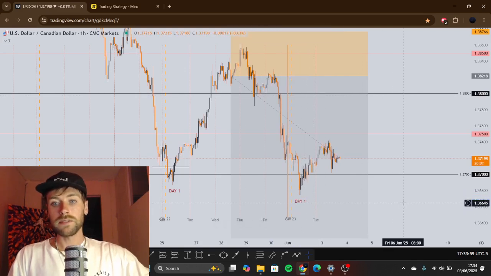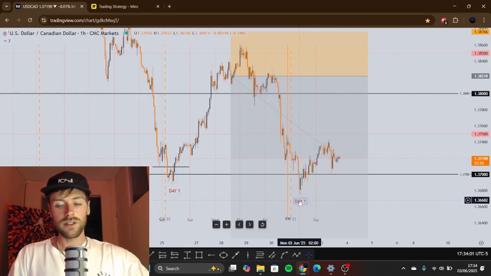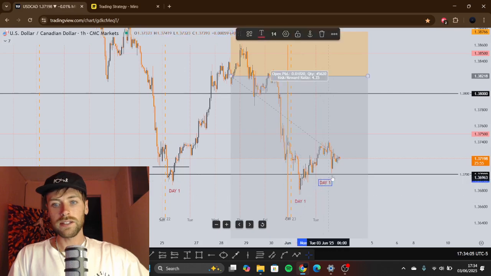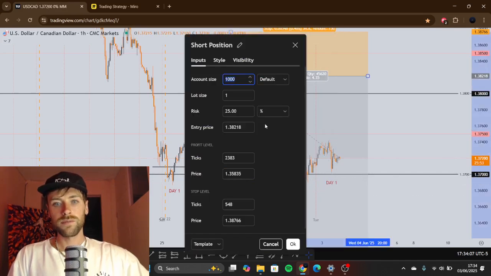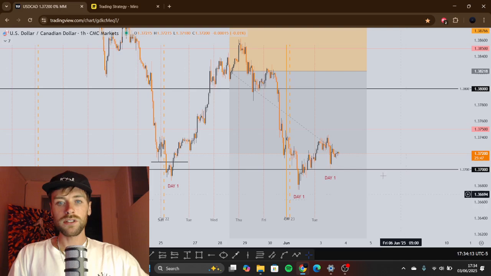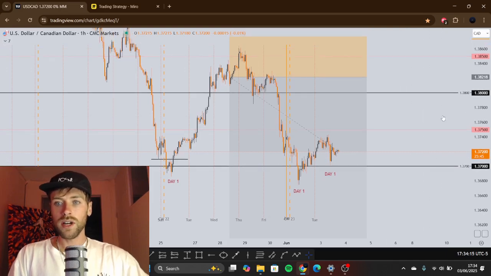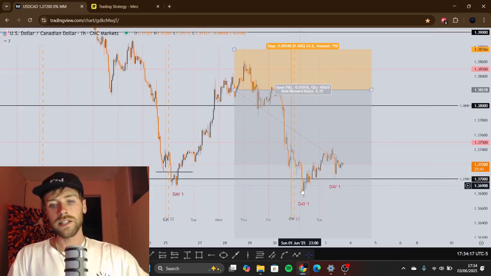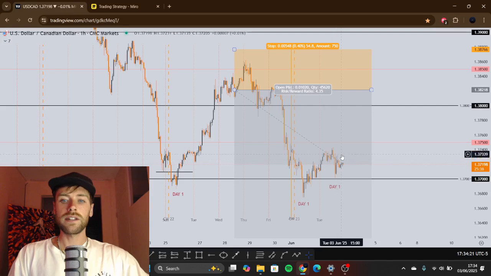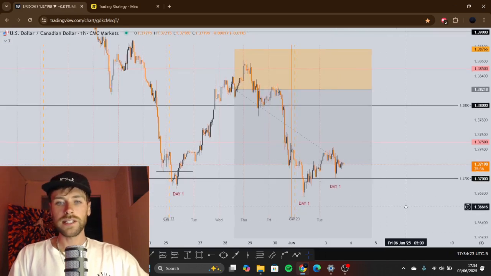What I would then be anticipating is day two, then day two, day three, etc. But because I'm so fundamentally short on the dollar, I'm anticipating this to do a false break, day one, reset, day two, day three, etc.